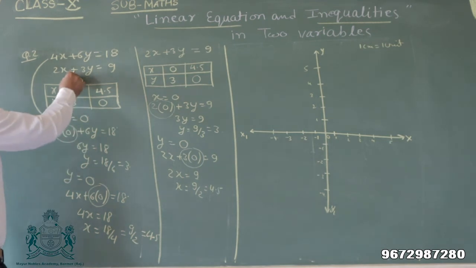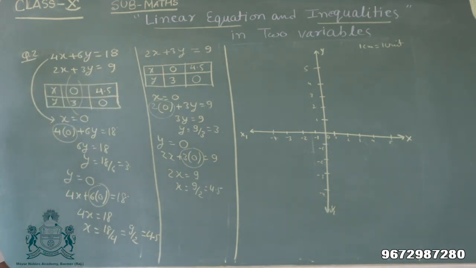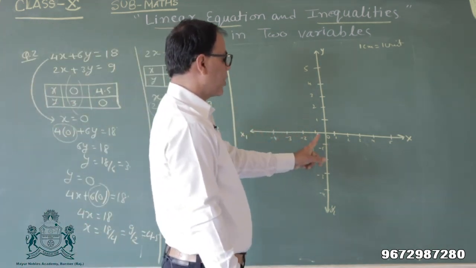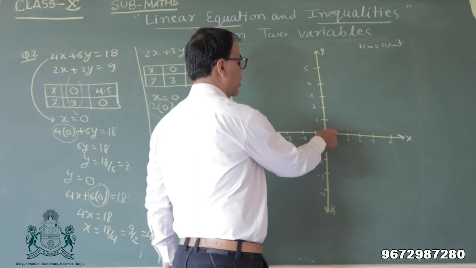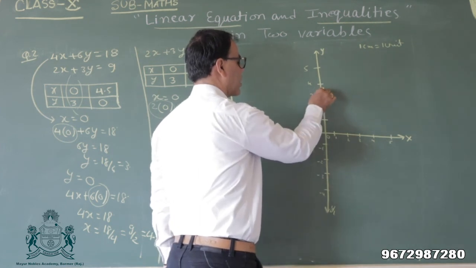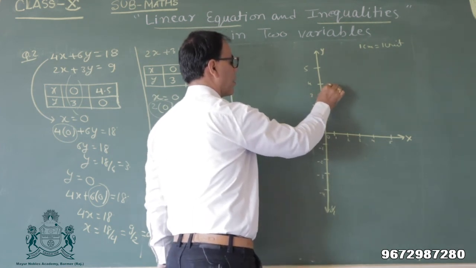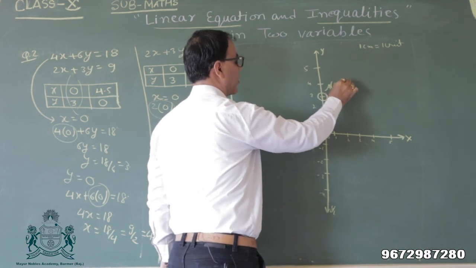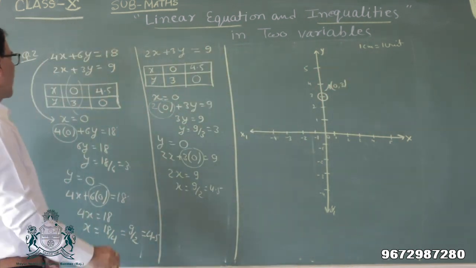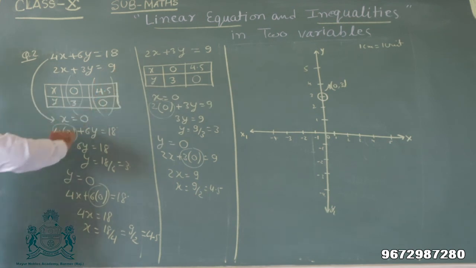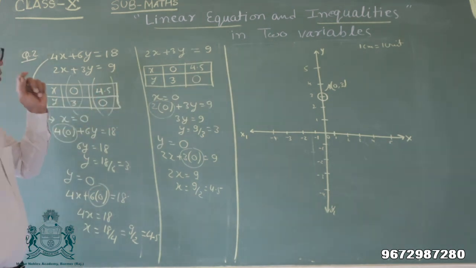First point, 0 and 3. X equal to 0 and y equal to 3. Y equal to 3, positive direction of y axis, this is A, 0 and 3. Second point, x equal to 4.5 and y equal to 0.